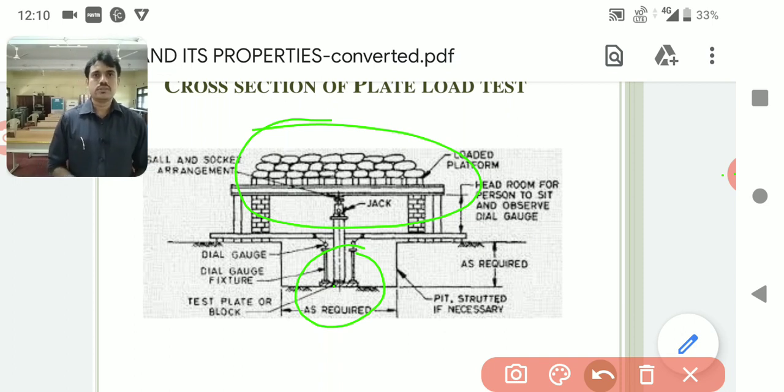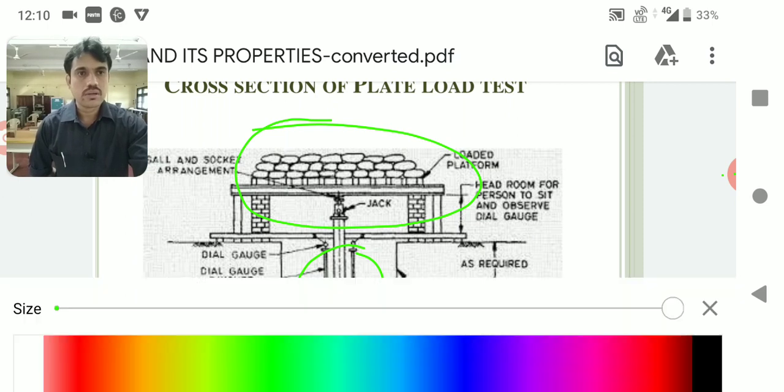And otherwise, apart from this, we can use the reaction truss method. That means instead of this, we introduce trusses. So a steel truss we can introduce instead of this. So we are going to increase the load gradually.